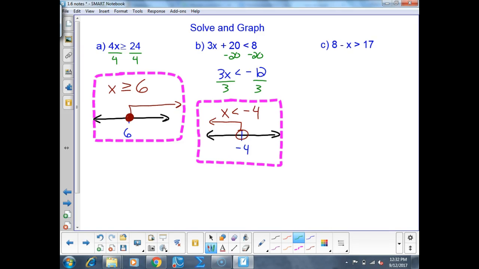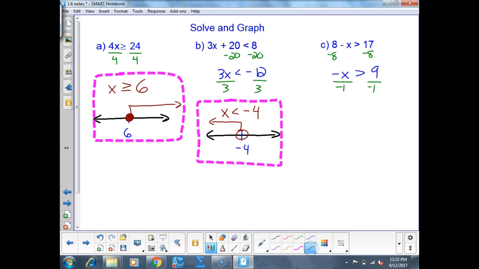In this one, I'm going to subtract 8 off the start. That gives me negative x is greater than positive 9. Then I'm going to divide by negative 1. So ding, ding, ding, what's got to happen?